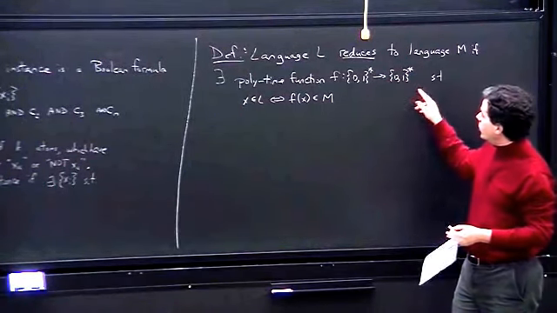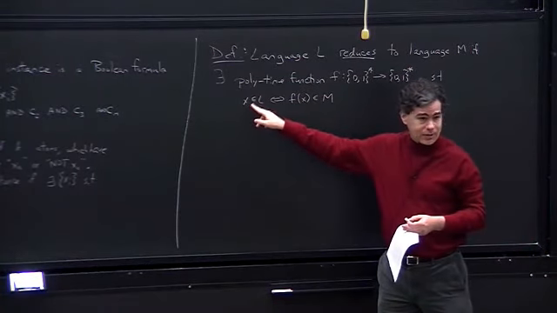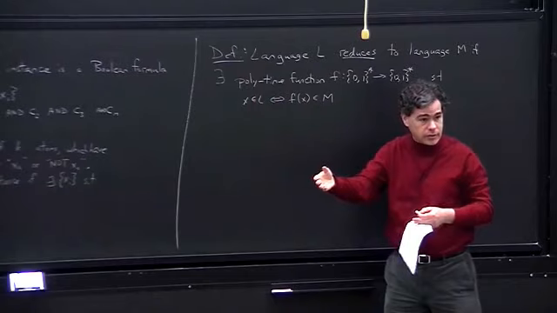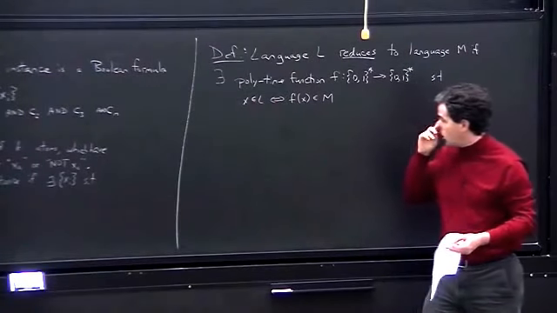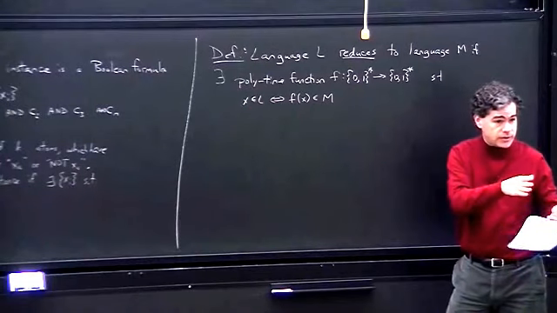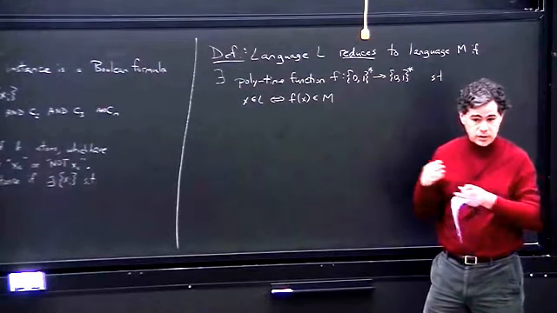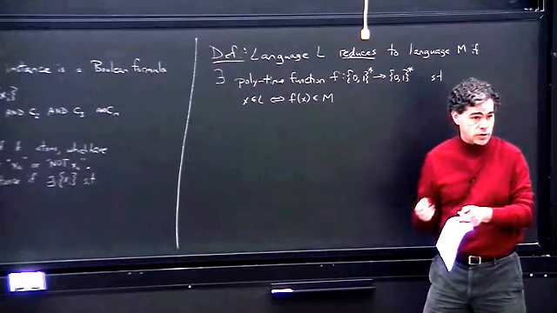But the point is that given any instance, which might be a yes instance or no instance for L, we can convert it into an instance of M. And if it was a yes instance of L, it's now a yes instance of M. If it was a no instance of L, it's now a no instance of M. OK?